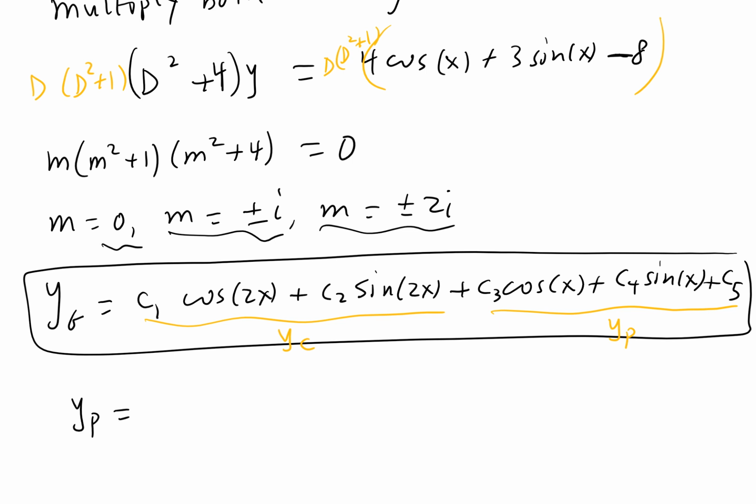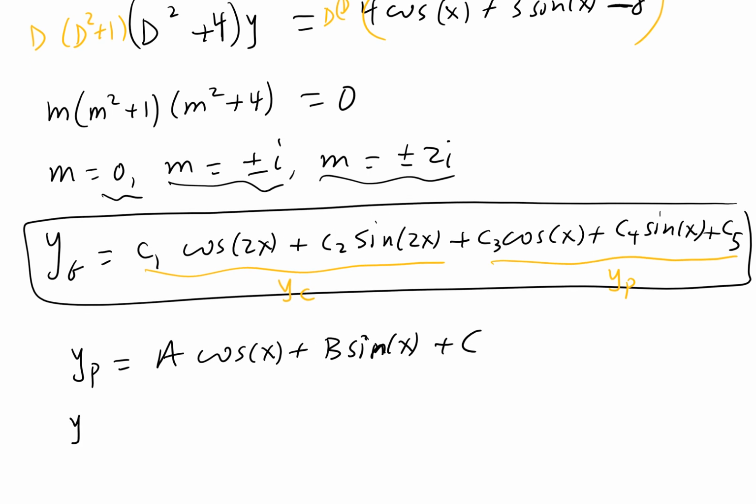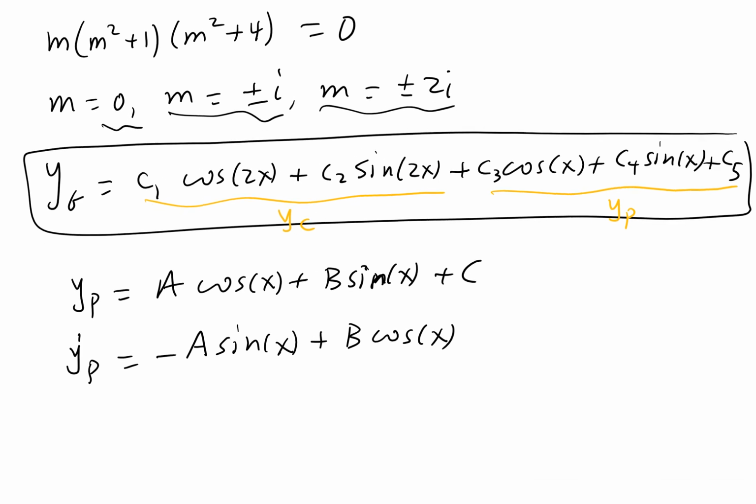y particular is written in the form a cosine x plus b sine x plus c. yp prime is negative a sine x plus b cosine x. And yp double prime is negative a cosine x minus b sine x.